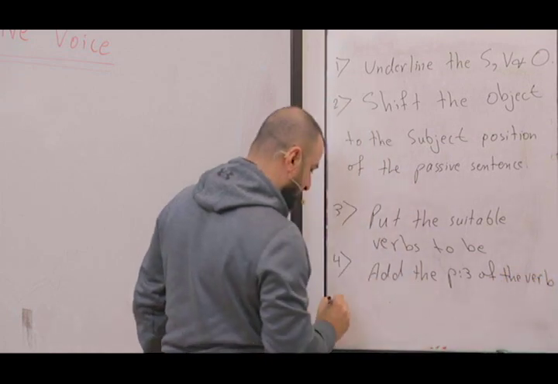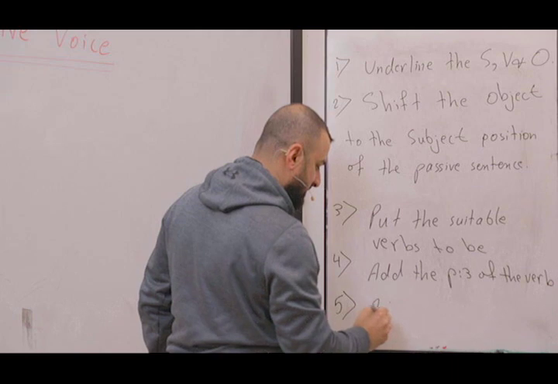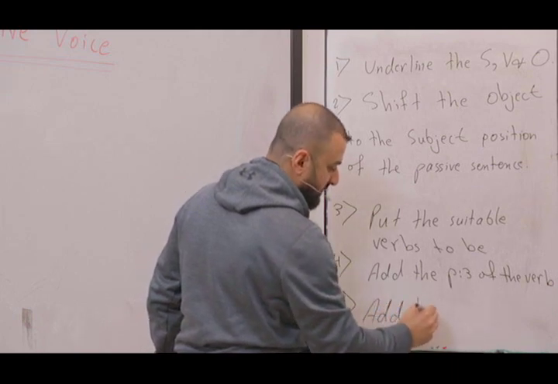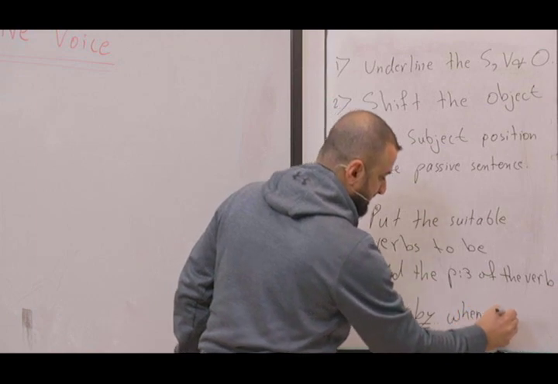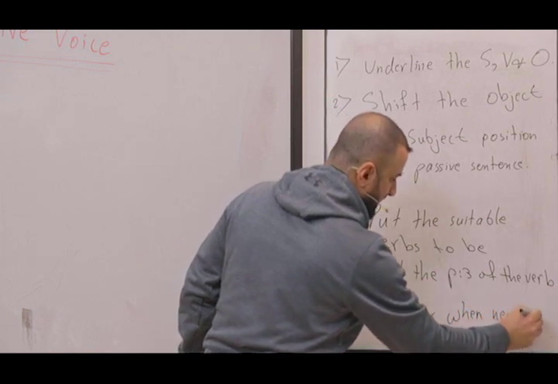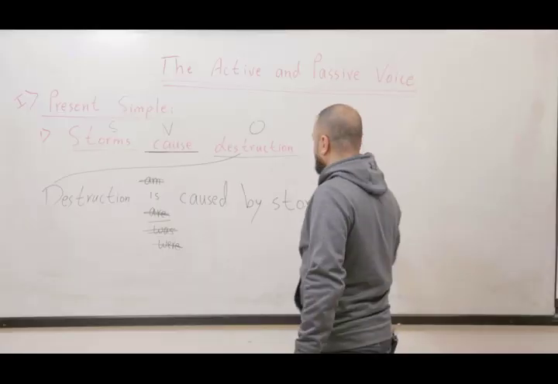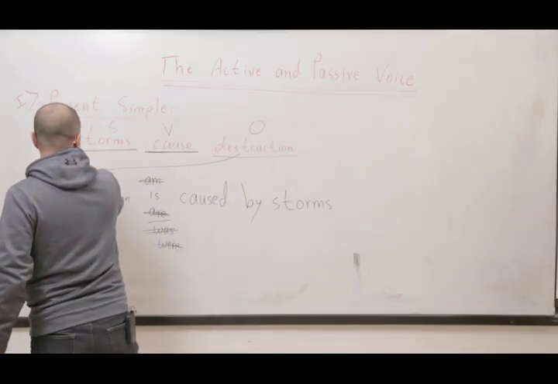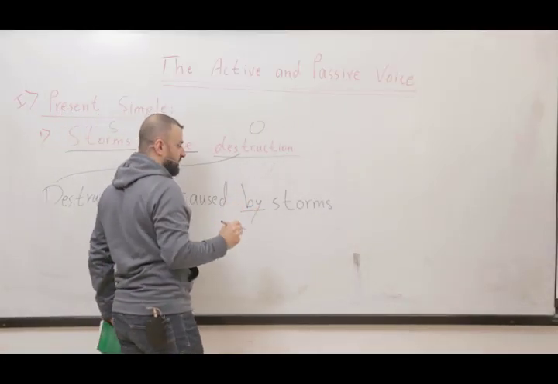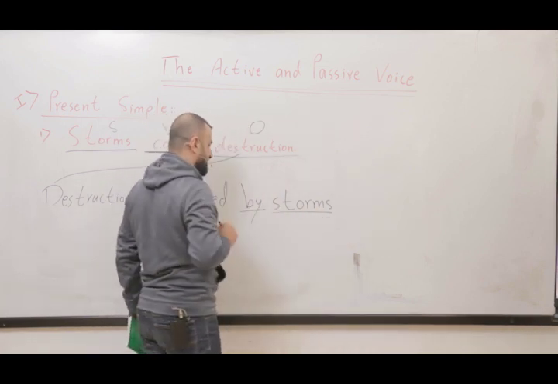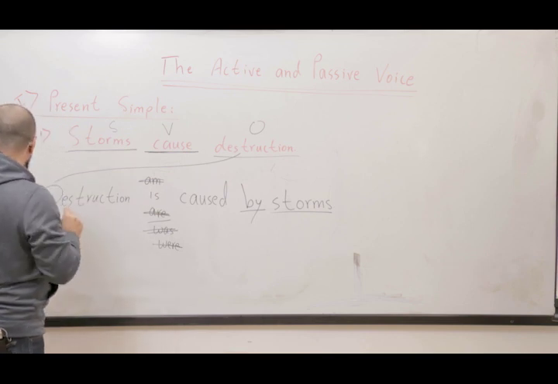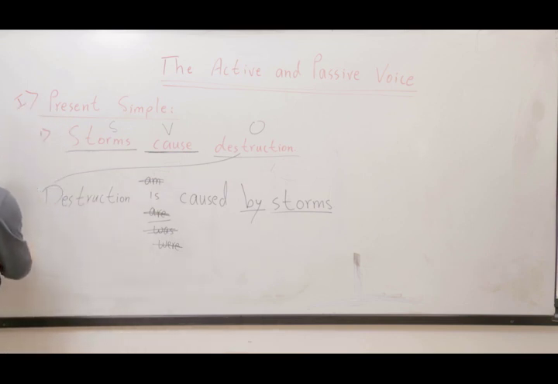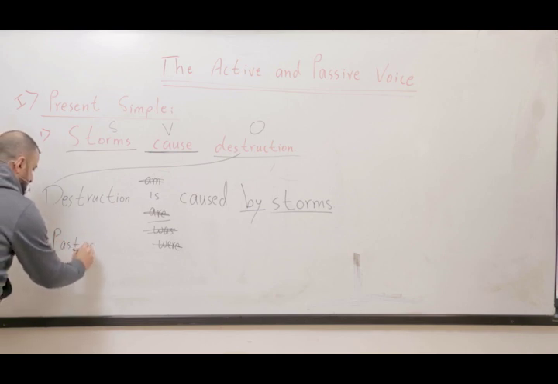Then number 5, add by when necessary. Here in this sentence, storms, we have to add by storms because it is necessary here. So this is the first rule. The second rule, past simple.